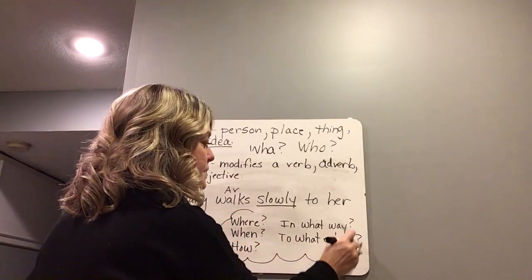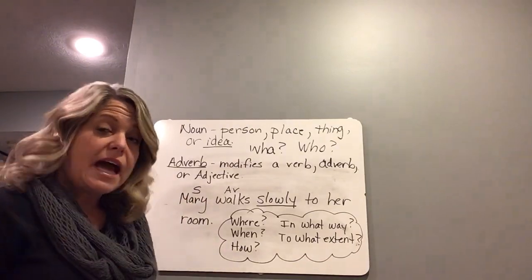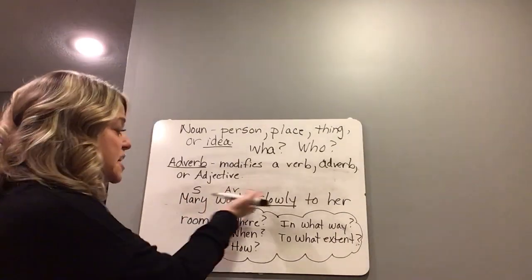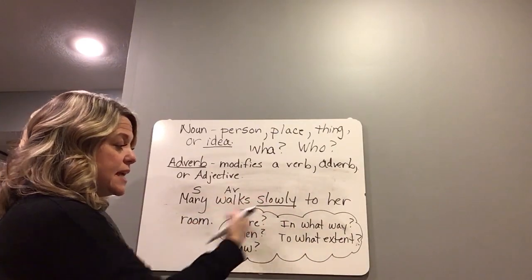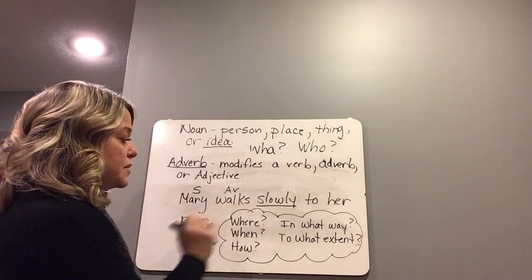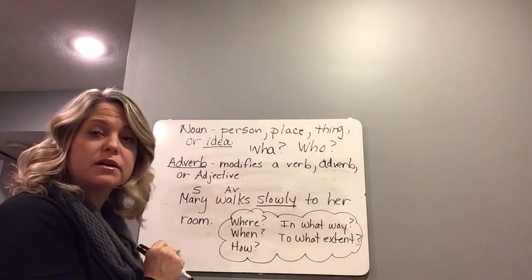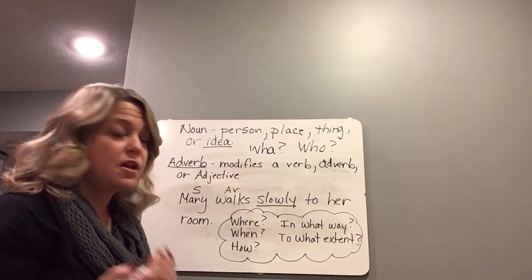So, I see that the verb is walk, and I ask myself, does this word slowly modify walks? Does it answer any of these adverb questions? Well, slowly. Does that answer where I walk? No, not at all. Does it answer when I walk? No, it doesn't.